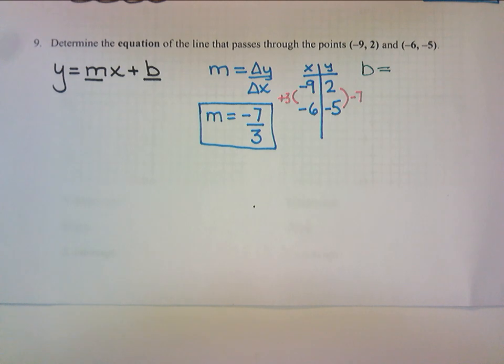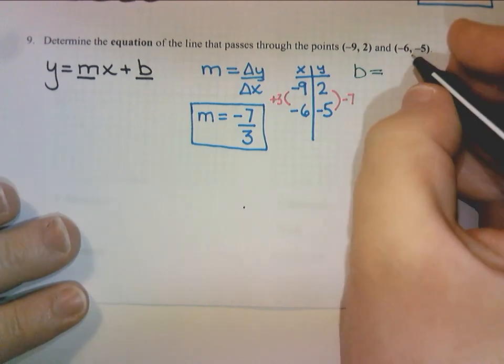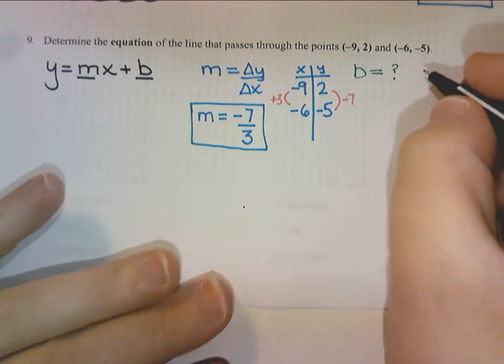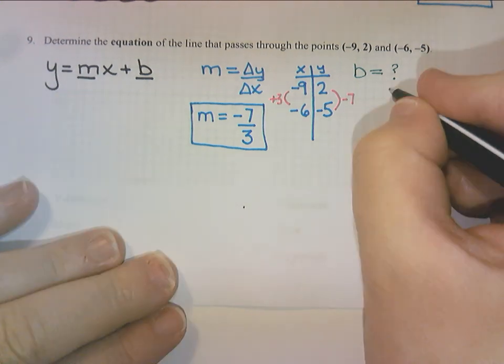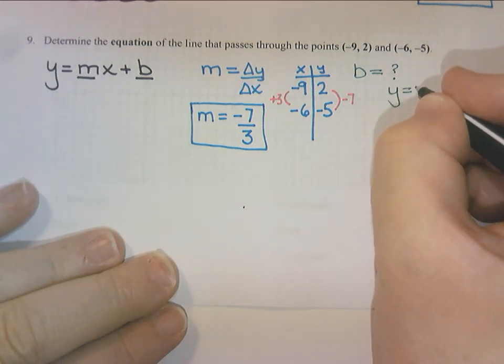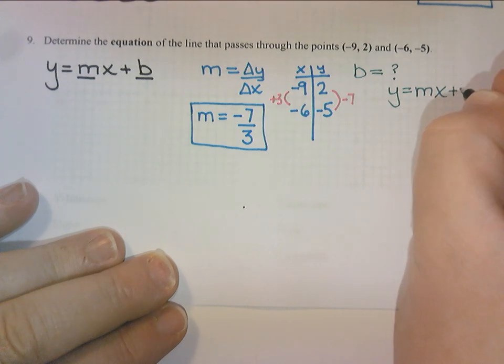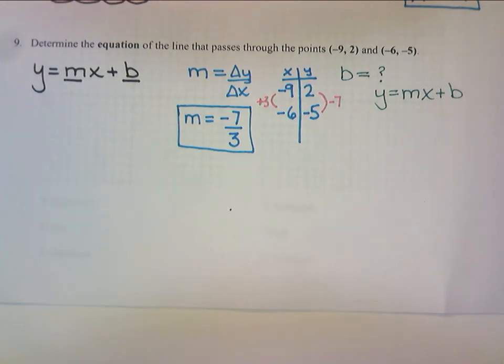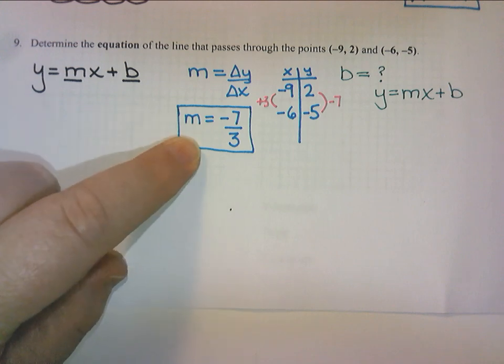The y-intercept we are going to get by calculating, since I don't currently know what it is. In order to calculate y-intercept, we start with the basic equation of a line. So we take y equals mx plus b, and we try to sub in numbers for y, m, and x. So I know that m, my slope, is -7 over 3.